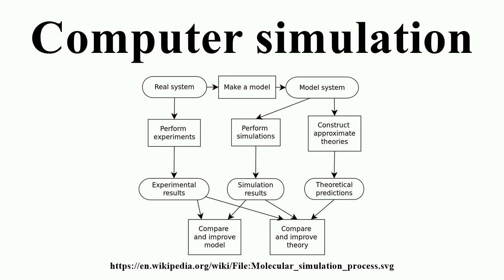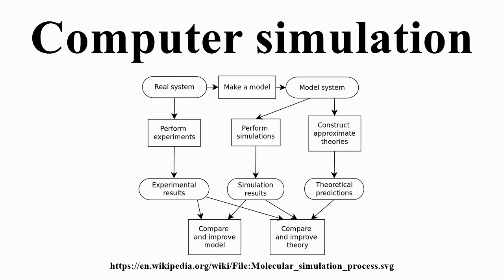Computer simulation is often used as an adjunct to, or substitute for, modeling systems for which simple closed-form analytic solutions are not possible. There are many types of computer simulations. Their common feature is the attempt to generate a sample of representative scenarios for a model, in which a complete enumeration of all possible states of the model would be prohibitive or impossible.